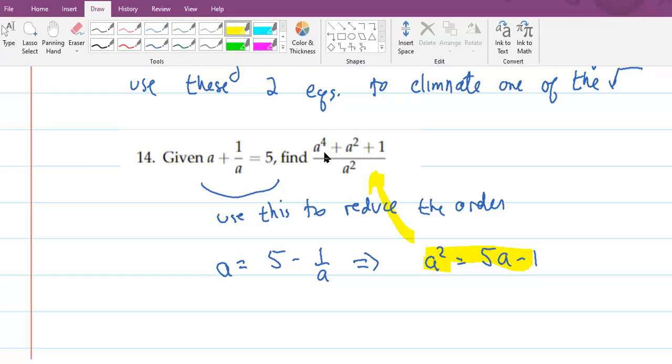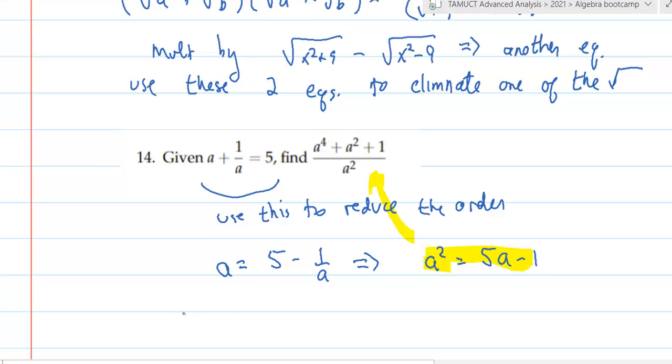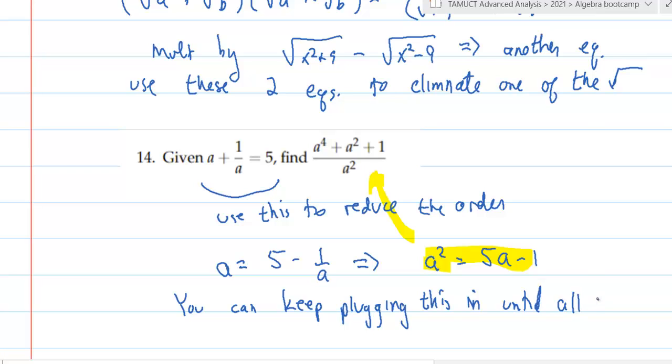In fact, you can keep plugging this in until all a's are raised to the first power.